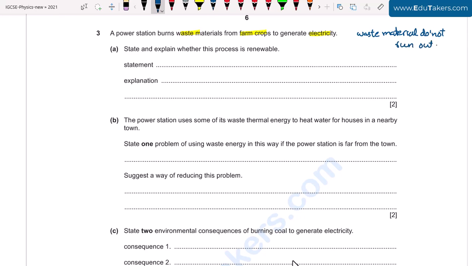And the farm crops can also be regrown. So this is a renewable source of electricity.